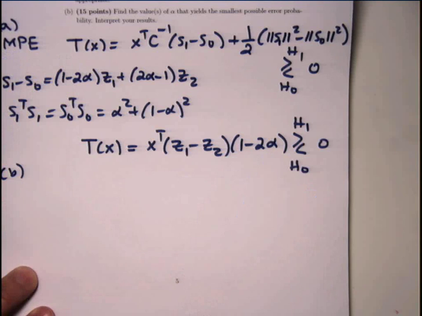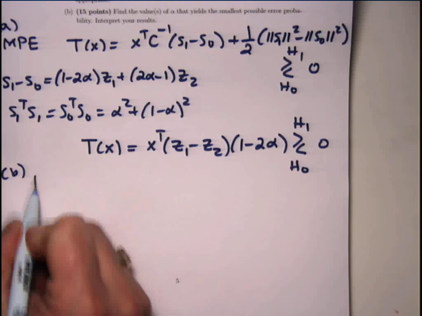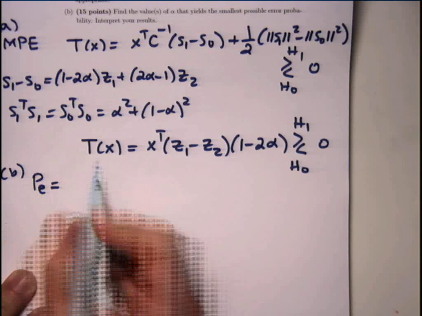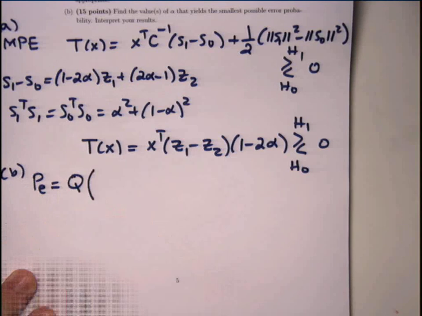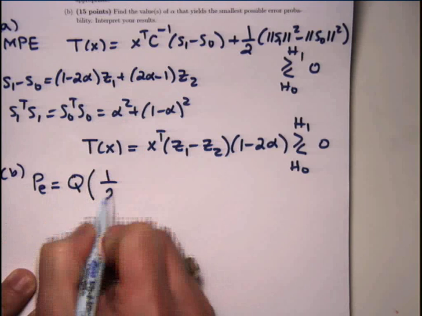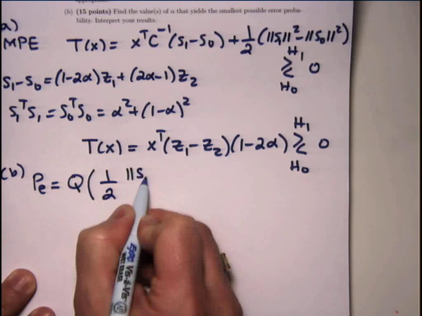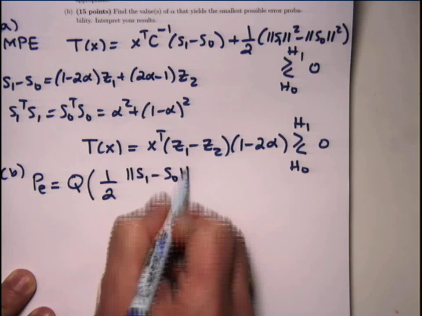So how should you tune it so that you get the smallest value of the probability of error? This requires you to recall that for this type of problem, the probability of error is Q of 1/2 the norm of S1 minus S0 divided by sigma.